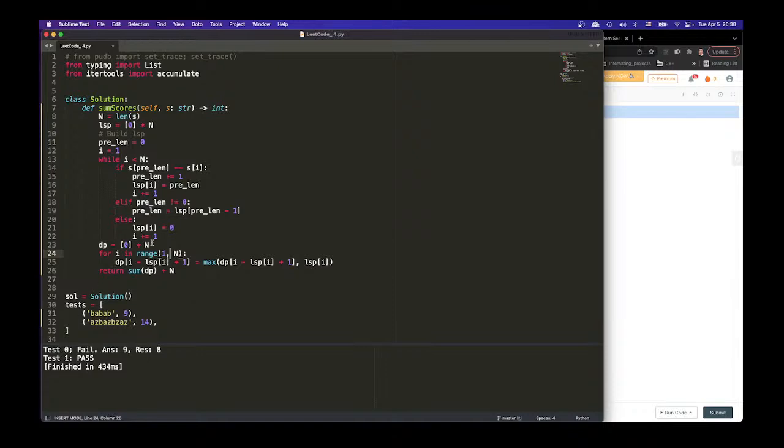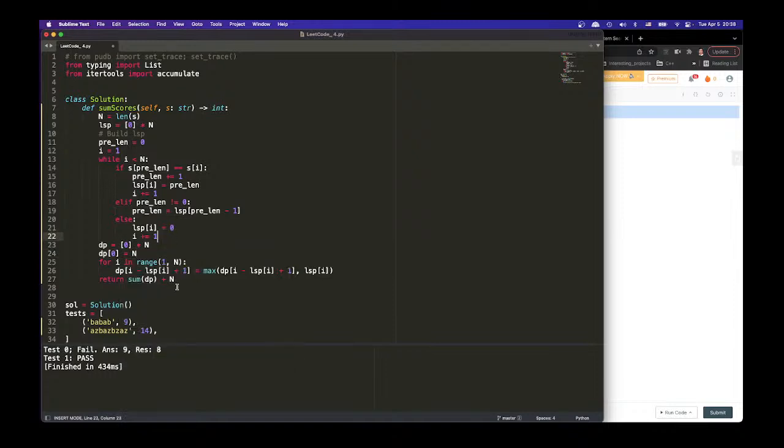So we can actually say, because dp0 will equal n. From DP1, from 1 towards the end, we say at LSPI, so LSP1 is the total number, right?